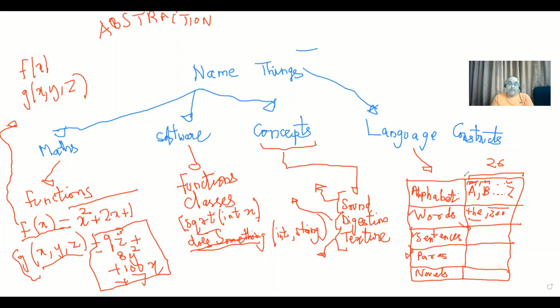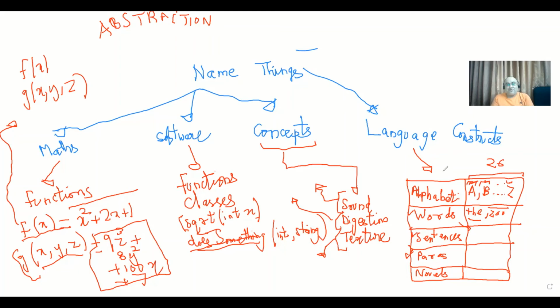And A is an abstraction, so is B, so is each one of those. But there are some other languages in which the sounds are not as basic as they are in the class of languages, let's say, languages like English.